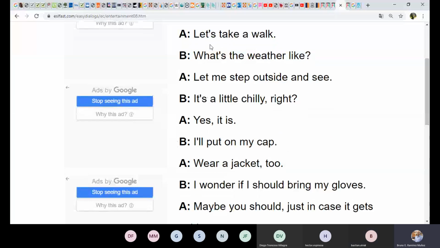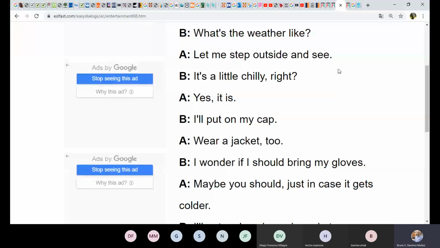And then you can focus specifically on the function words, how function words are pronounced. Is the speaker using a strong form or a weak form? For instance, let's see in this dialogue.